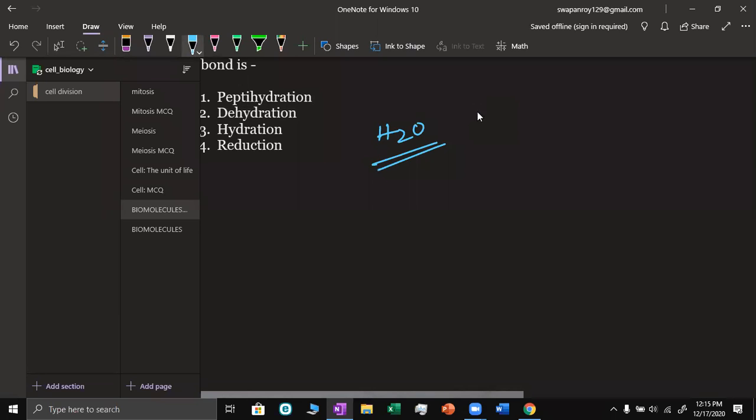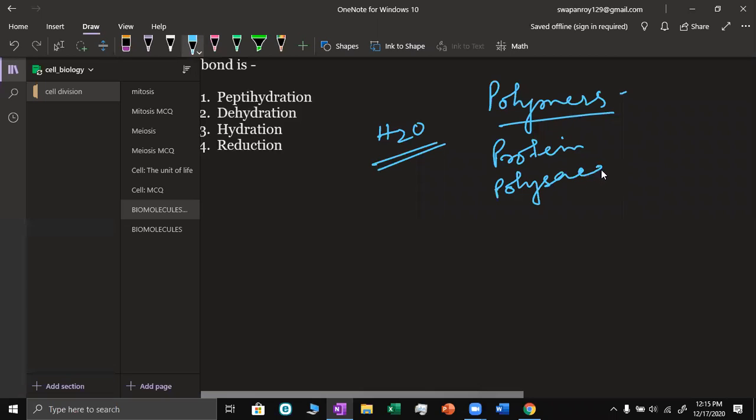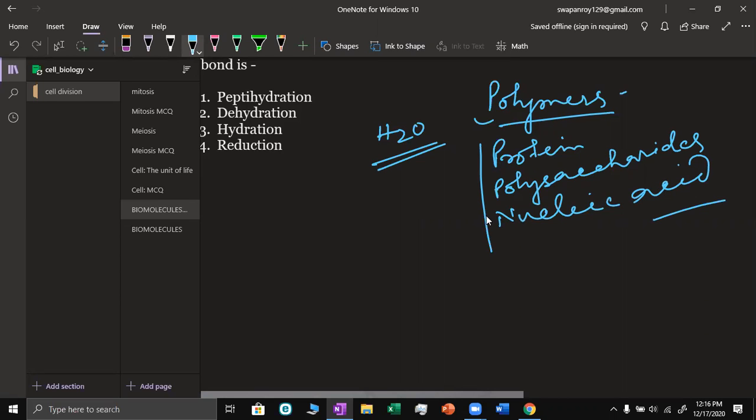These biomolecules are usually polymers, whether it is protein, polysaccharides, or nucleic acids. They are polymers formed by joining the monomers.